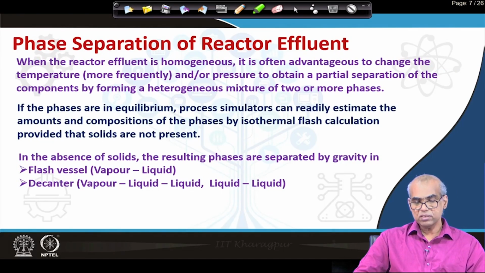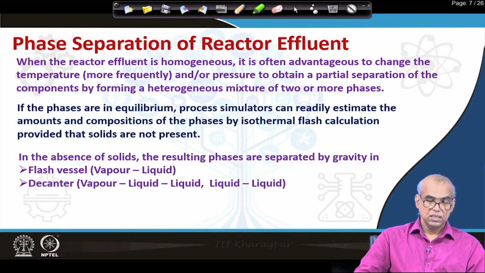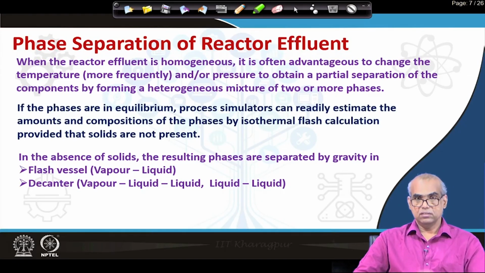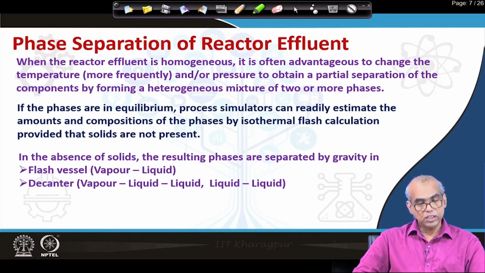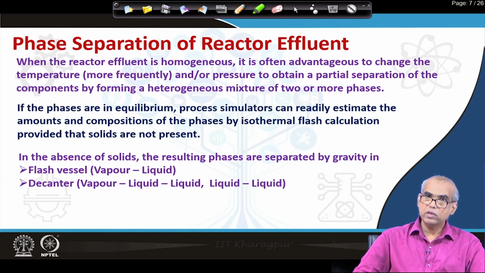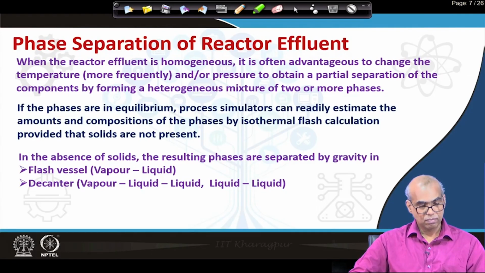In the absence of solids, the resulting phases are separated by gravity in a flash vessel or decanter. Using a flash vessel, you can separate a vapor liquid mixture stream. Using a decanter, you can separate vapor liquid liquid or liquid liquid streams.